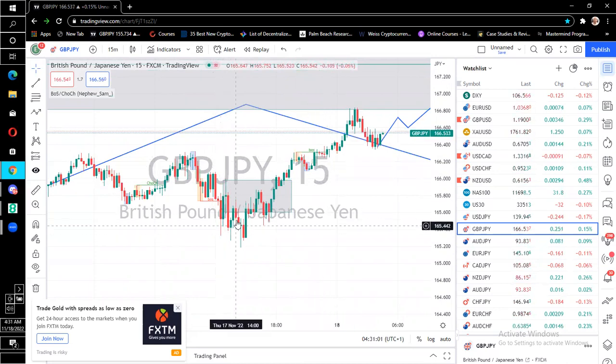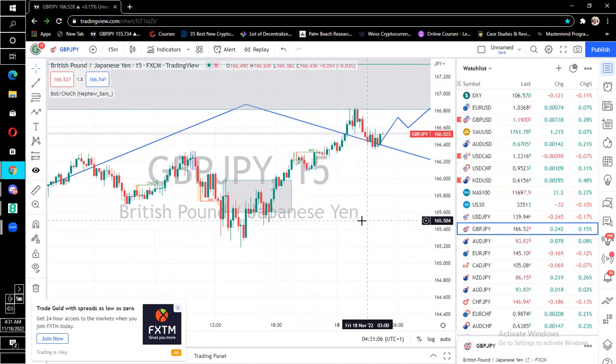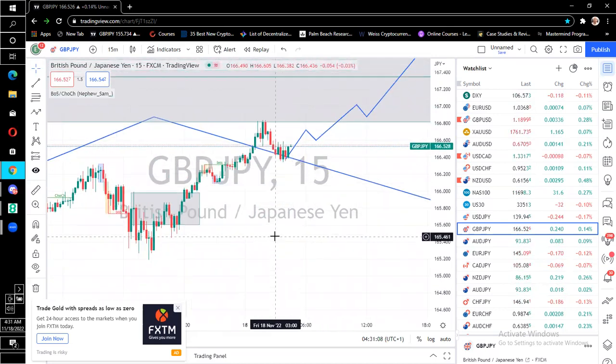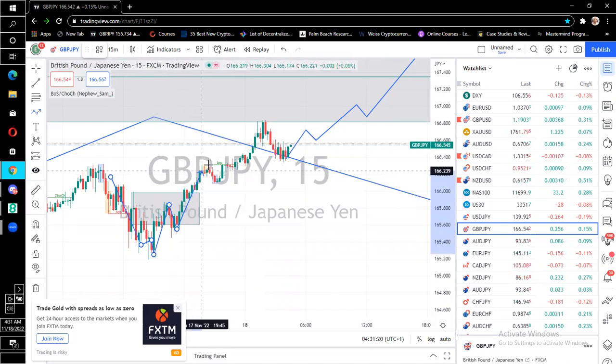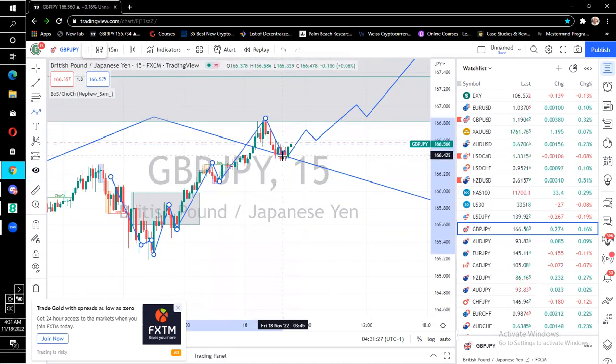So we'll have this break of structure here. It came down to go to the upside. Now, if you watch based on your BTMM, of course, you know that we'll have this, and we'll have this. All right, then from here we'll have first push, we'll have second push down.